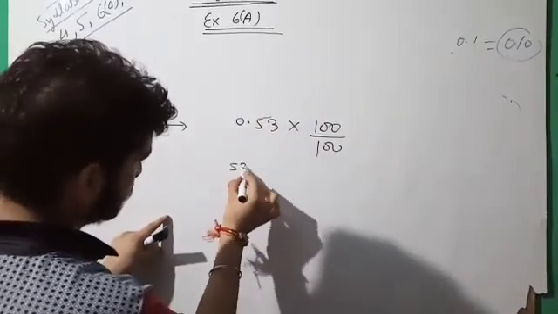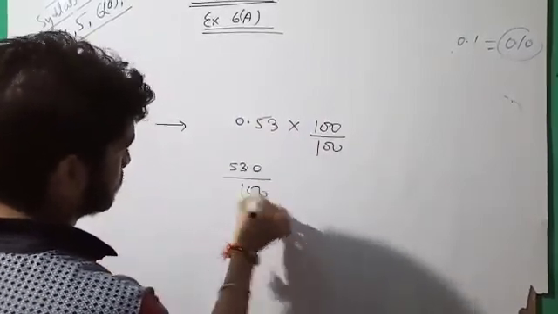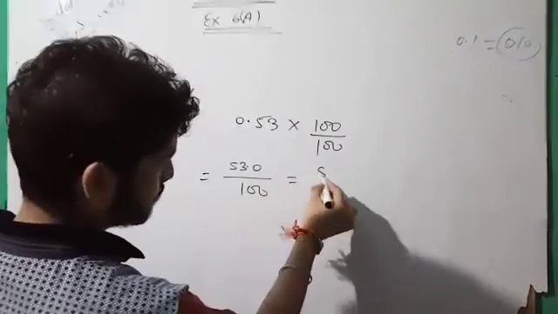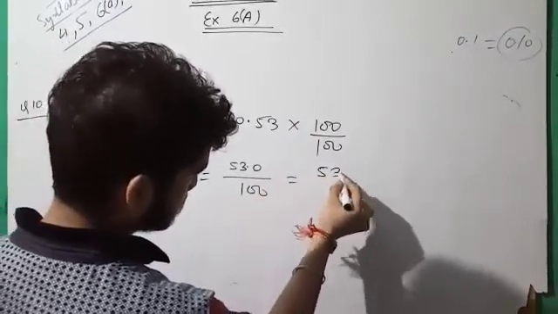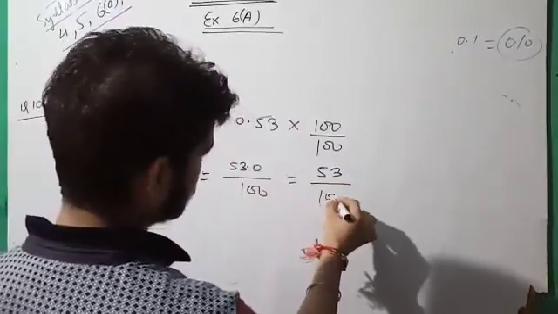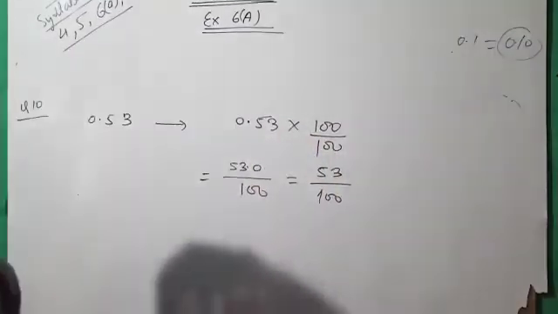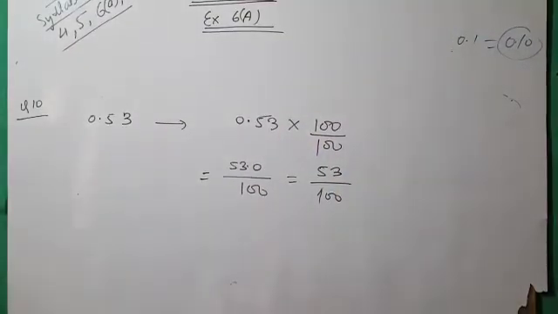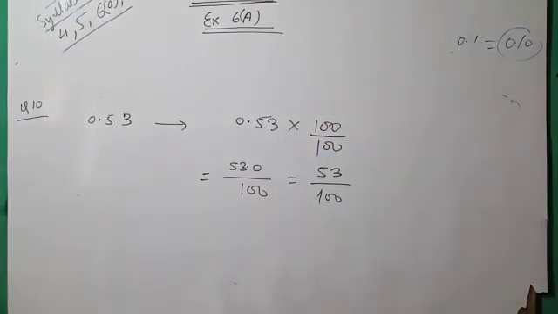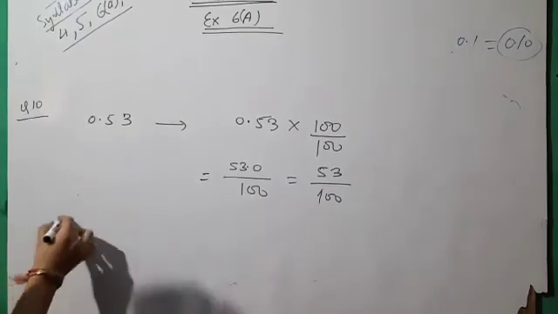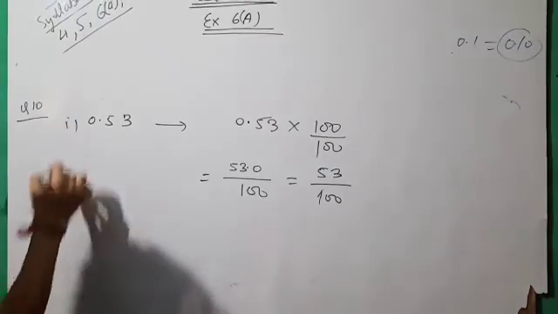So it becomes 53.0 upon 100, so 53 upon 100. In the previous lecture we discussed the concept of this chapter, but we had not taken any exercise.